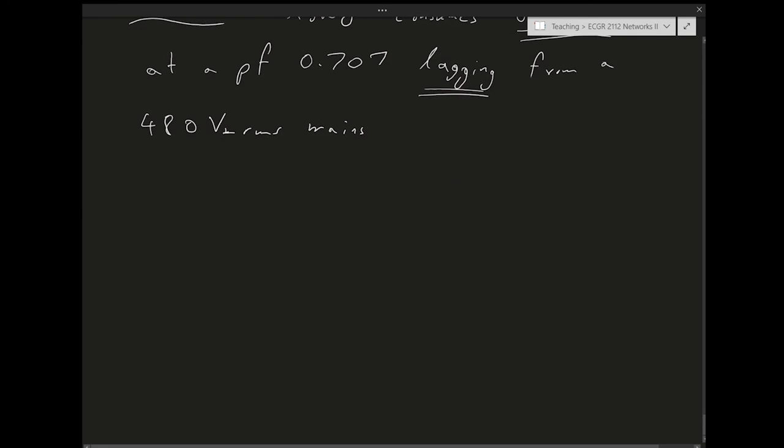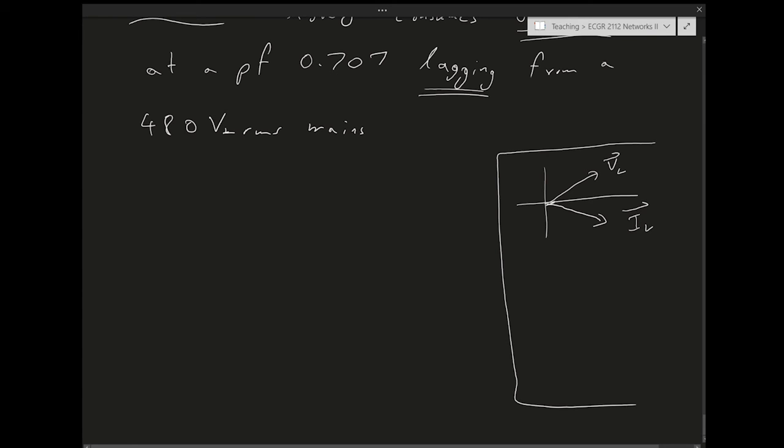Okay, so let me reiterate this point here. We said this is VL, the load, it's a phasor. We say the load is lagging, meaning that the phasor representing the current is behind the voltage.